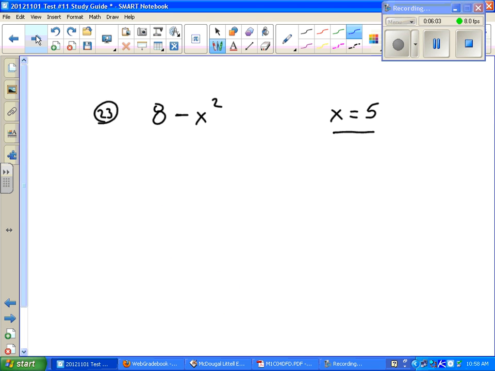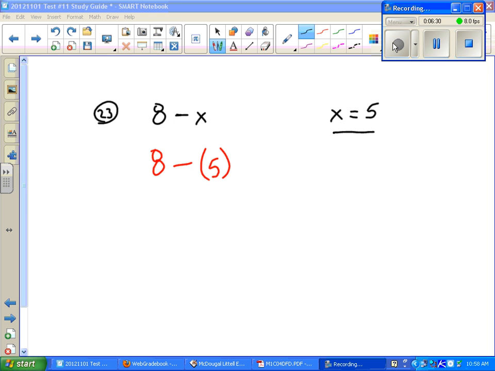Number 23 says 8 minus x squared. Okay, this is one where a lot of people that are not paying attention are going to make mistakes because it says 8 minus x squared. That doesn't say 8 and then it's negative x squared. So when we plug it in, it's going to be 8 minus 5 squared. 5 squared means 5 times 5. Okay, it's actually not x squared, it's actually x cubed, so it's not going to make quite as much of a difference.